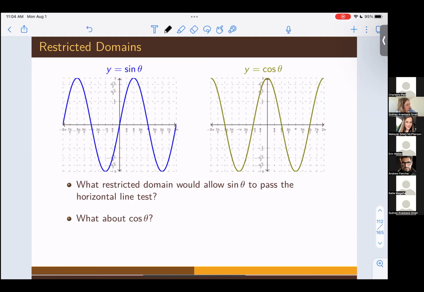Clearly, that does not work for sine. Here's a horizontal line. Wow, the function crosses at 1, 2, 3, 4 different points, and that's only in the part of the graph we can see. If you recall, it actually passes at infinitely many points. We just haven't drawn them. So sine does not have an inverse.